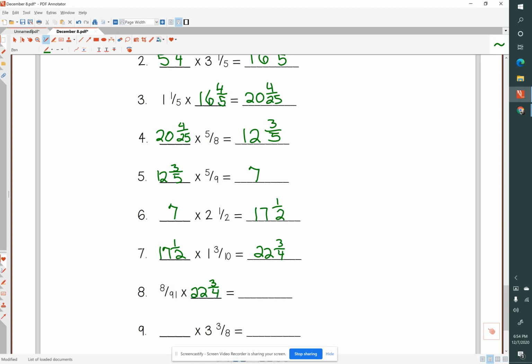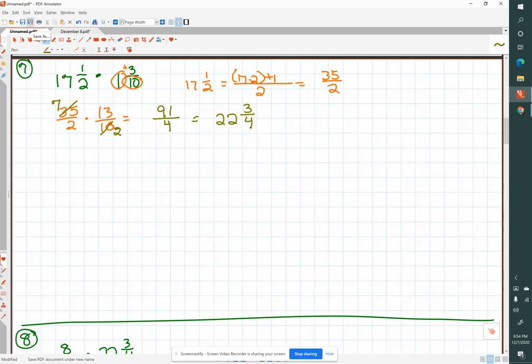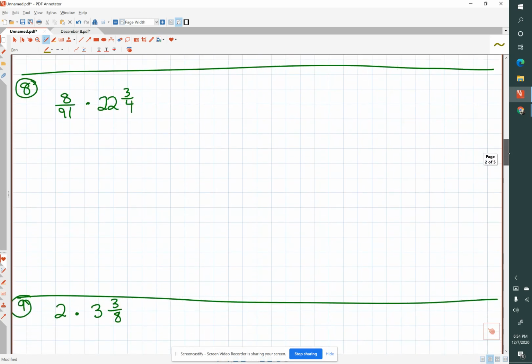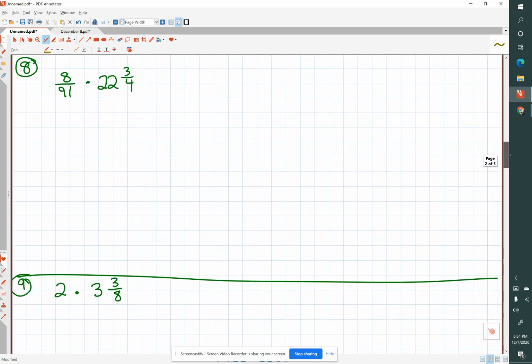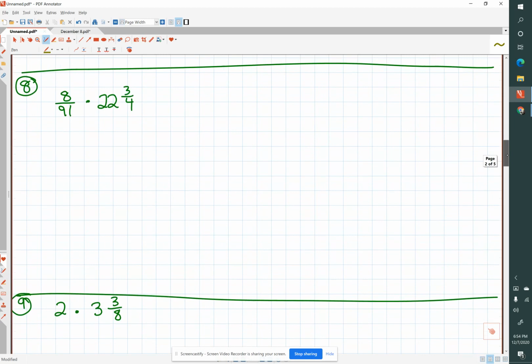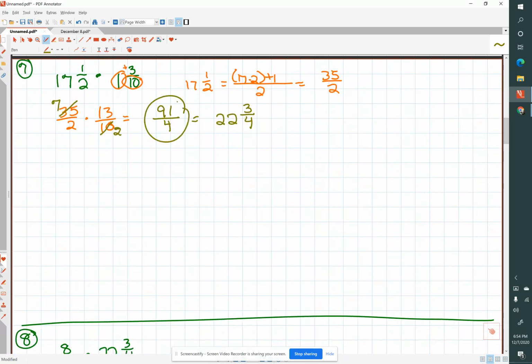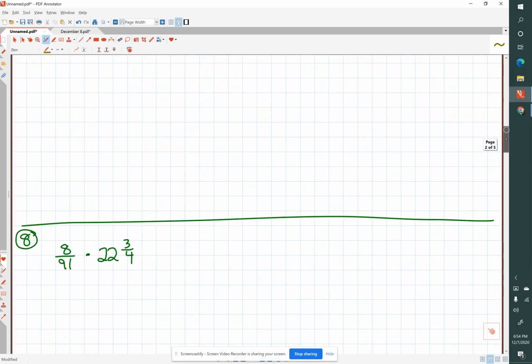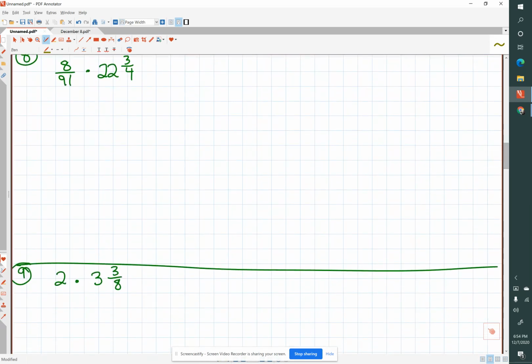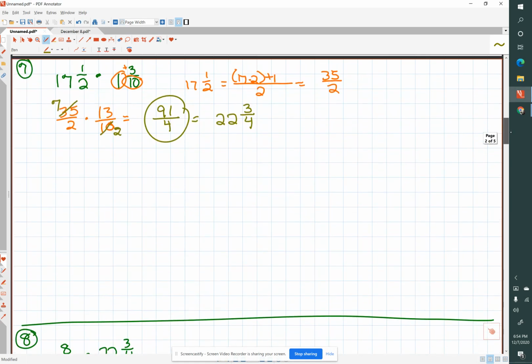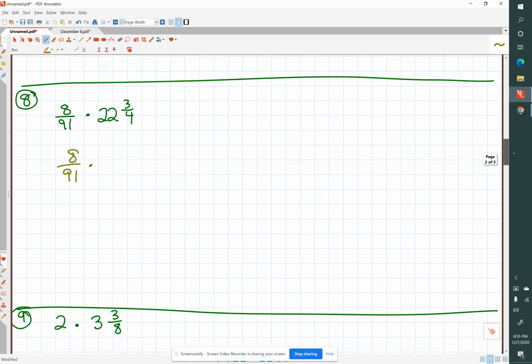And let's get cracking with number 8. So 8 over 91 times 22 3/4. Now remember that 22 3/4 equates to 91 over 4. So let's rewrite that problem. 8 over 91 times, and again, let's look at that, 91 over 4.